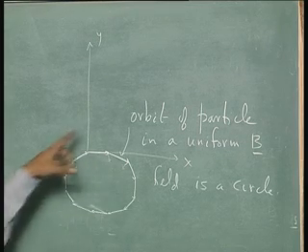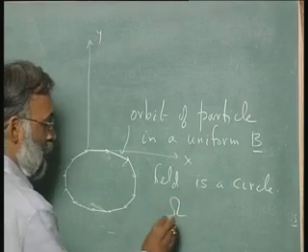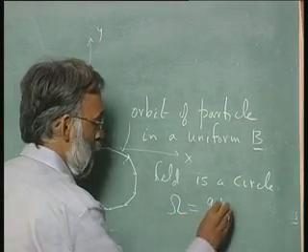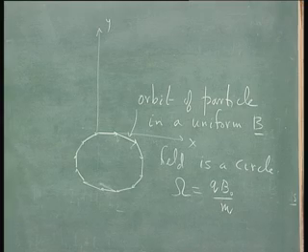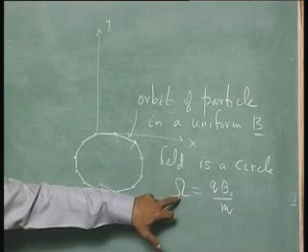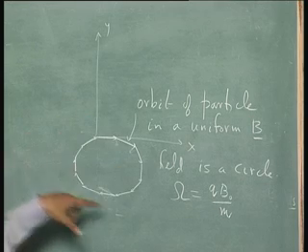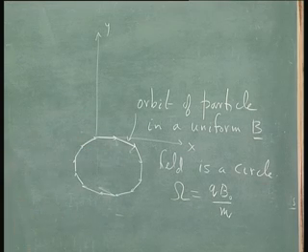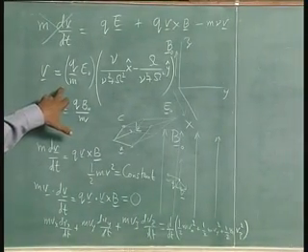The rate at which it goes round and round is nothing but this value omega, which is q B naught over m. So, this omega is talking about the number of times a particle will go round and round in a circle per second.